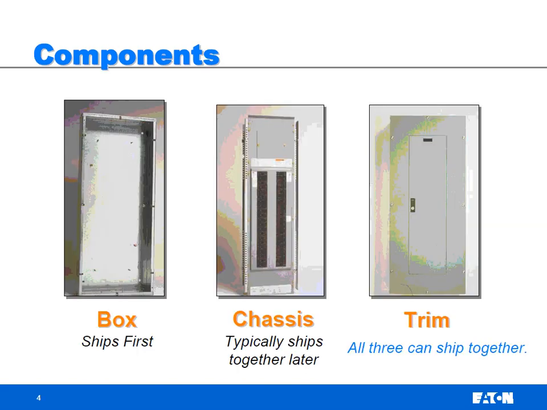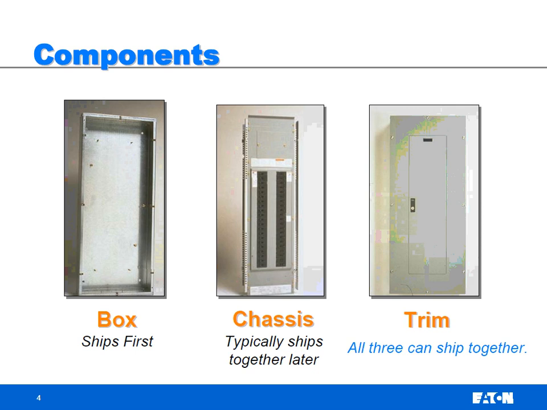That's all that is. We talk about a panel board, and I think we've got one coming in here. A panel board is going to come in three components. The first one is the box. The box is nothing but bent sheet steel, a box with all the sides except for the front. That box will mount on the wall or in the wall.